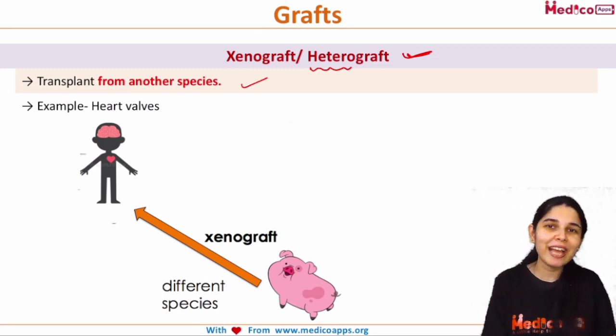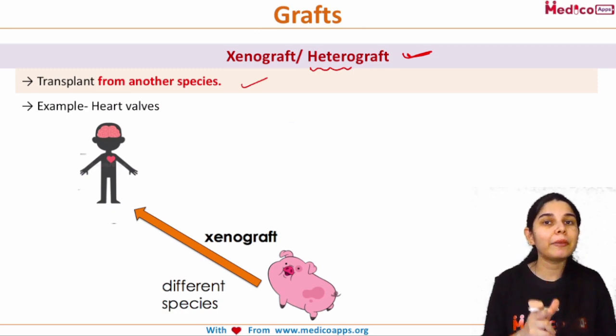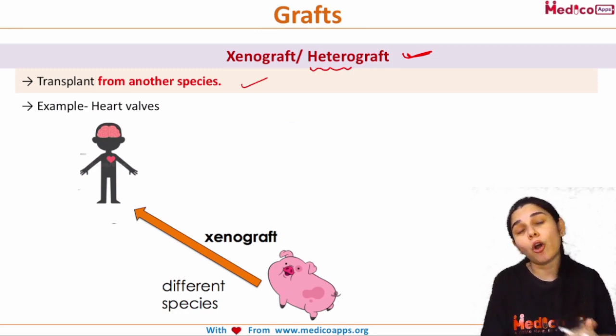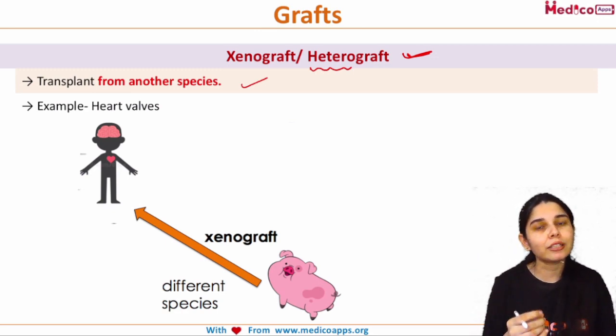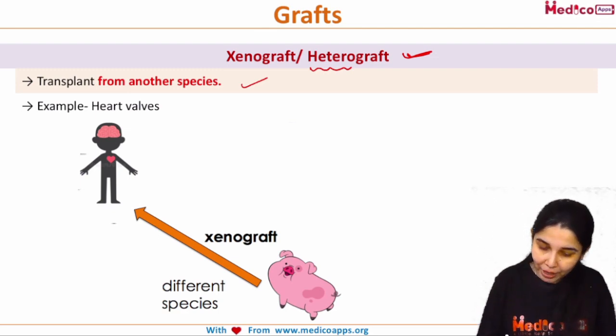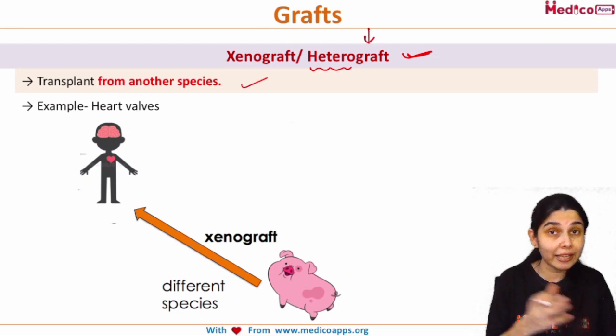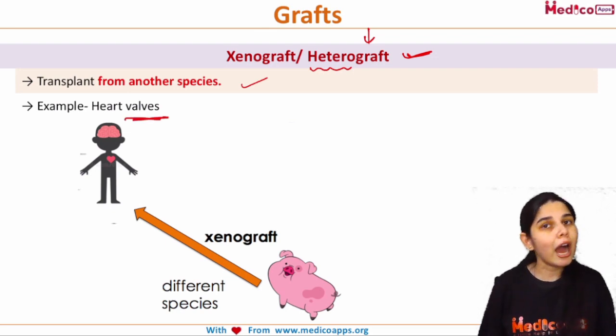But before that, I want you to eliminate 3 options and get the fourth answer. That is when you will be sure of it. I hope you have understood the heterograft, and an example is heart valves.